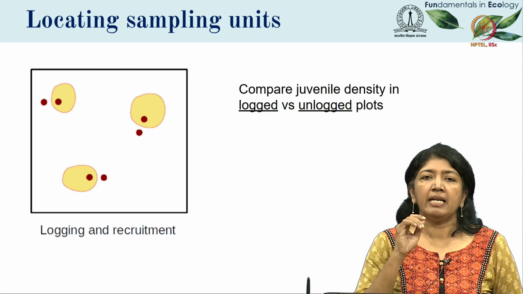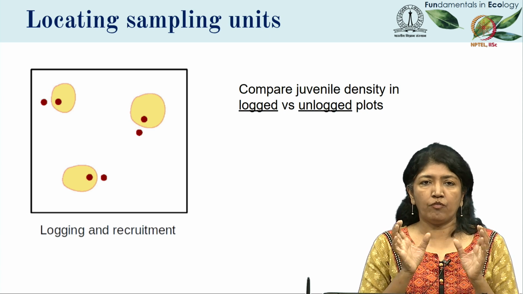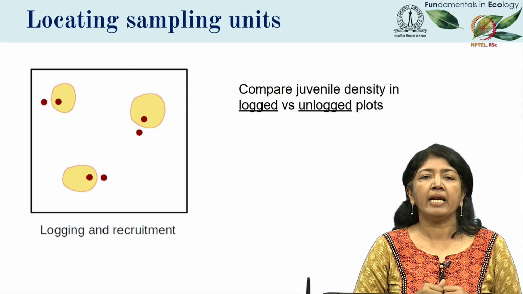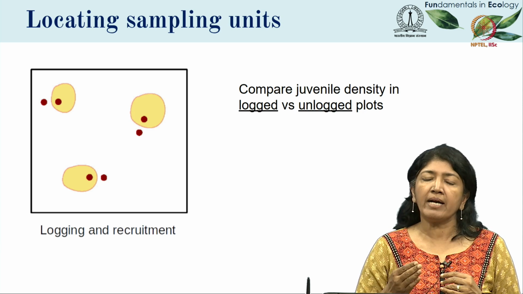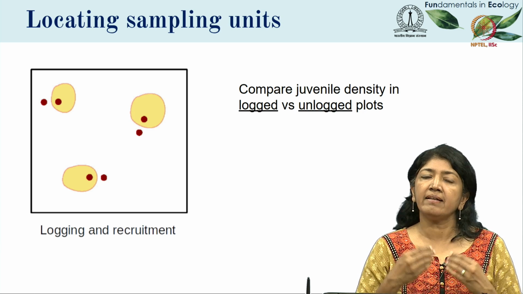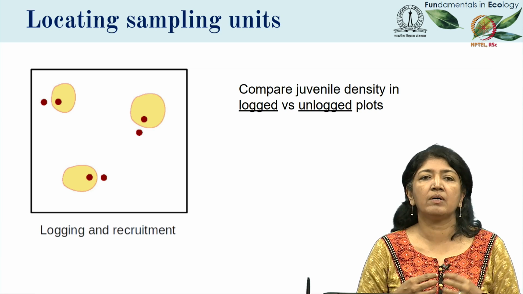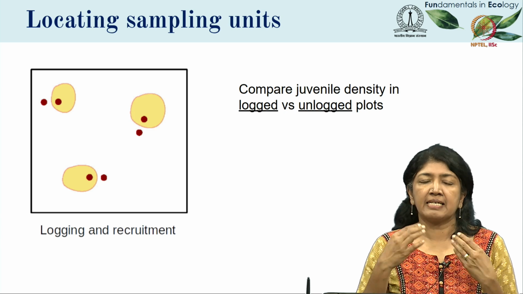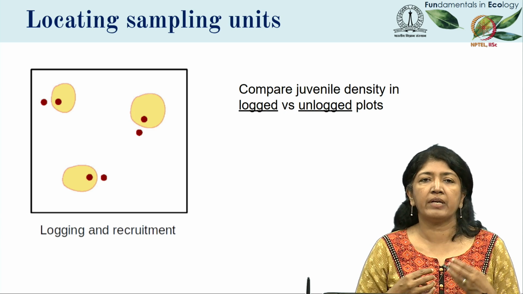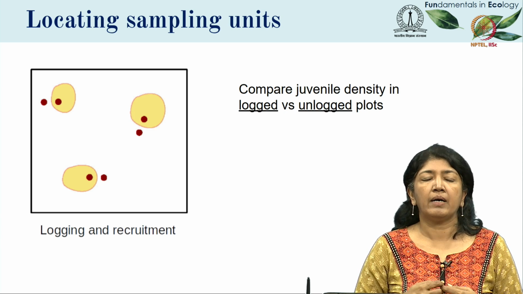Okay. Let us continue on this theme of blocking and talk about locating sampling units. So, let us go back to the example of looking at the recruitment of a particular bird species, that is how many juveniles are successfully produced during a breeding attempt.